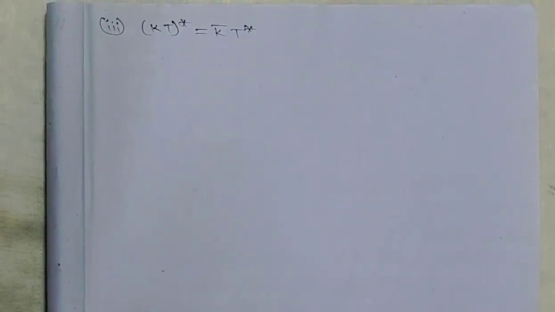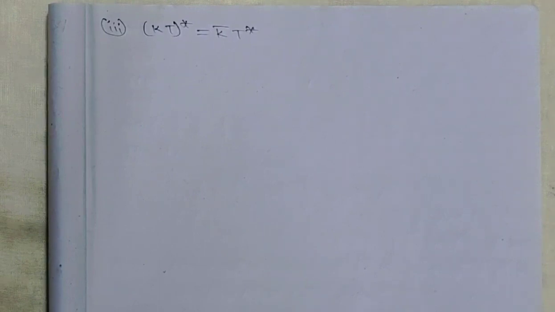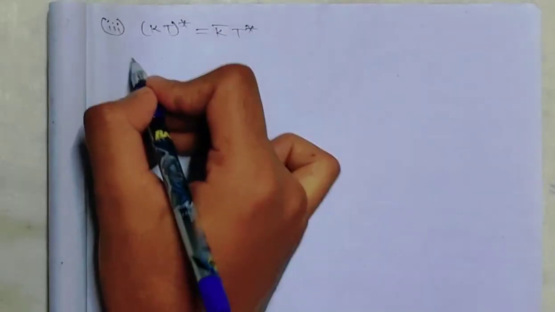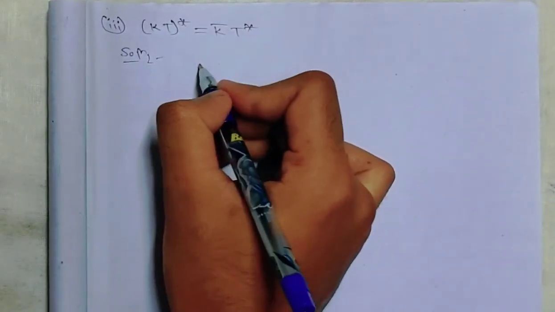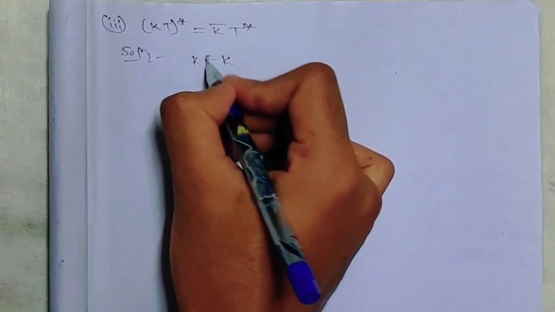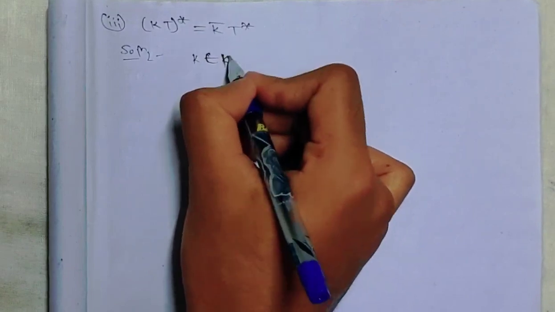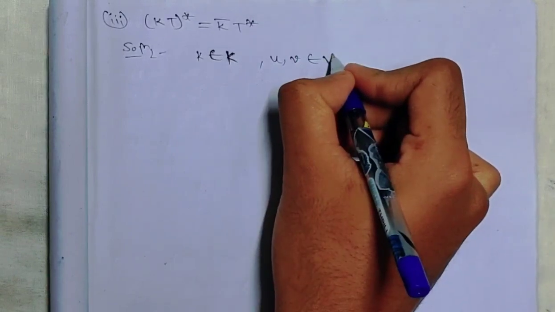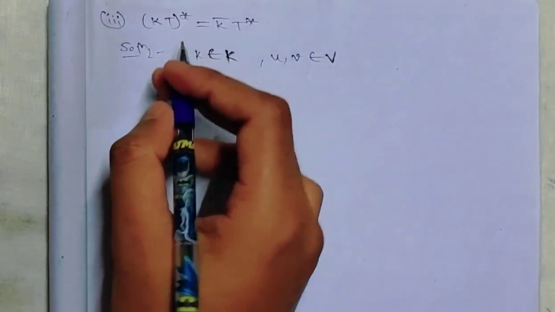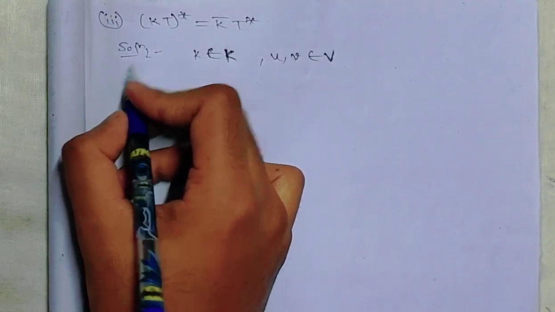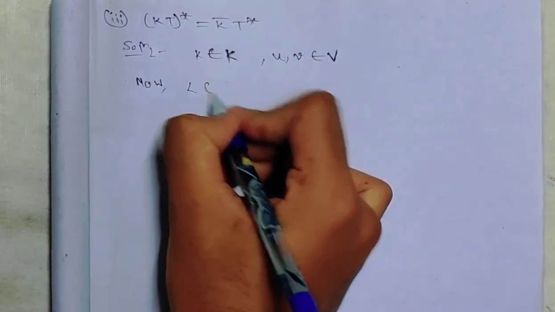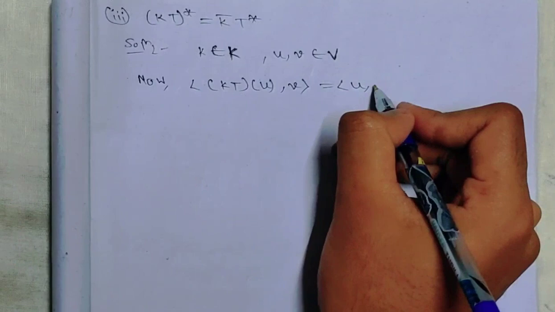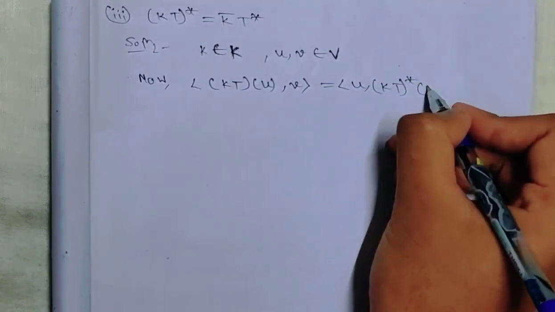Now the third property, (kT) whole star equals k bar into T star. So we have T is a linear operator on V. Then k belongs to the field K, and u, v belongs to inner product space V. Now inner product of kT of u comma v equals inner product of u comma (kT) star of v.